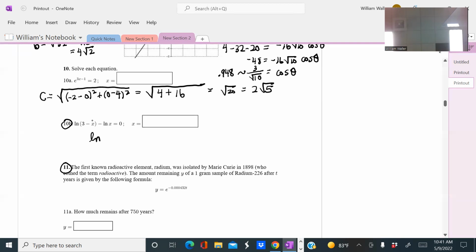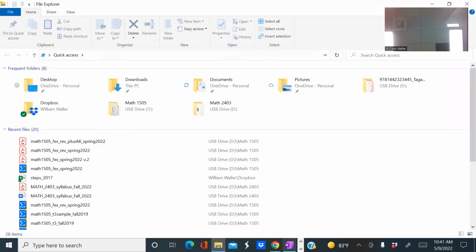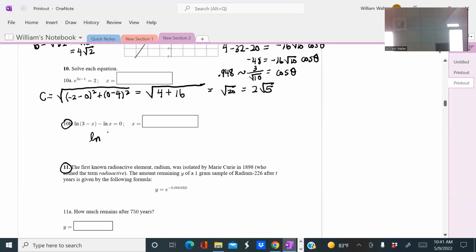Instead of multiplying these two quantities together, what do you do? What'd you say, Alexander? No. If you have the sum of logs, then you multiply. But with the difference of logs, you divide. So this would be the natural log of 3 minus x over x, instead of 3 minus x times x, is equal to 0.